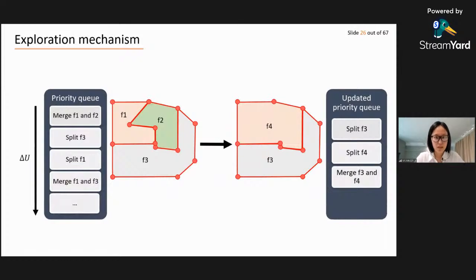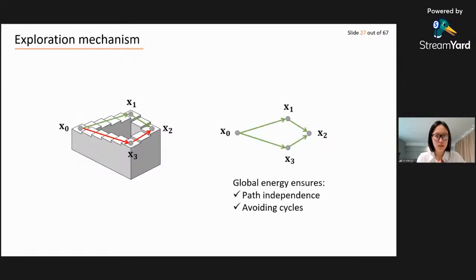The exploration mechanism iteratively updates the polygonal partition using merge and splitting operators, maintained by a priority queue. The priority queue assigns highest priority to the operation which decreases the energy the most. Thanks to the guidance of the global energy, the exploration mechanism avoids path-dependent routes and has a natural stopping criteria.